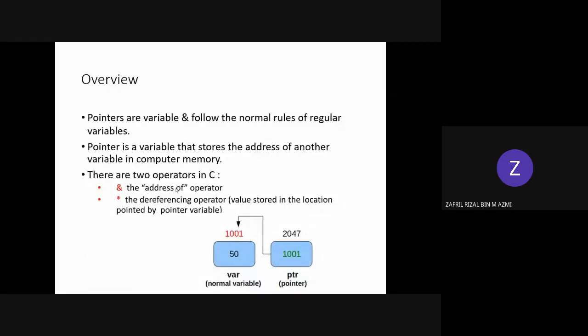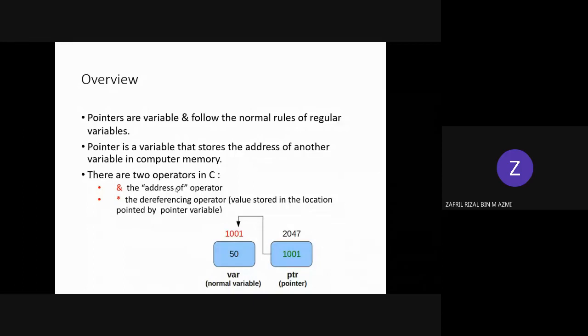Meaning that if you want to name a pointer, you must follow the rules of naming a normal variable: you cannot start with a symbol, you cannot start with a number.